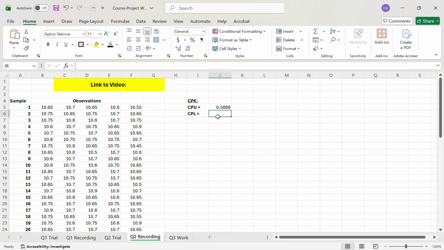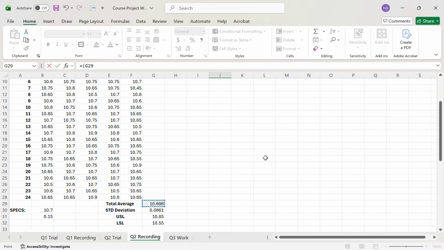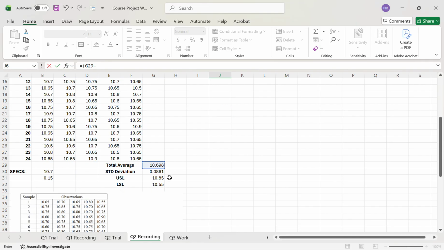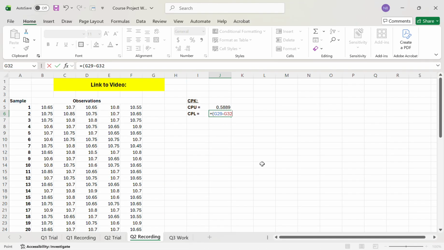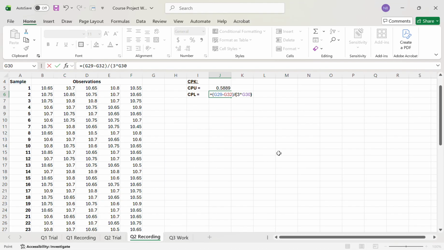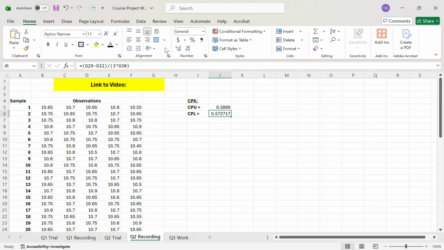So again, we're going to take our mean, or our average, and we're going to minus the lower specification limit that we calculated here. Now we're going to divide all of that by 3 times our standard deviation. We're going to get 0.572717. We're going to clean this up a little bit.